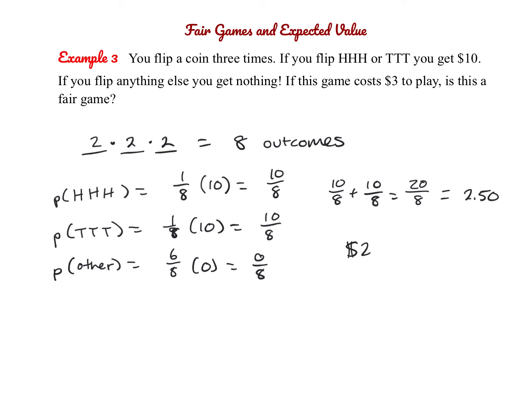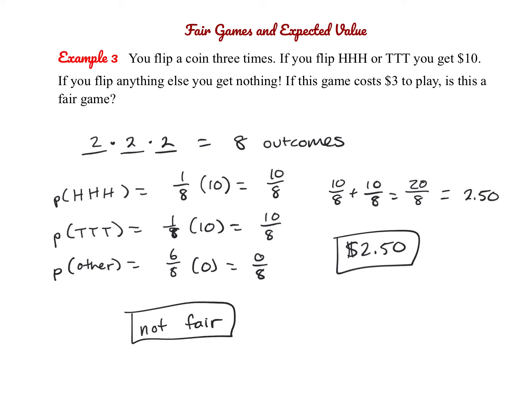So the expected value of this game is $2.50. So based on the probability of these different things happening, the expected value of the game is $2.50, but it costs us $3 to play. So since they're charging more than the expected value, we would say that this game is not fair.